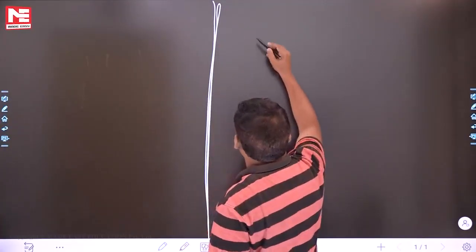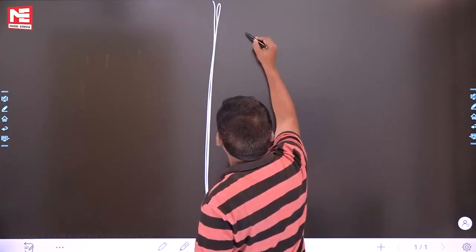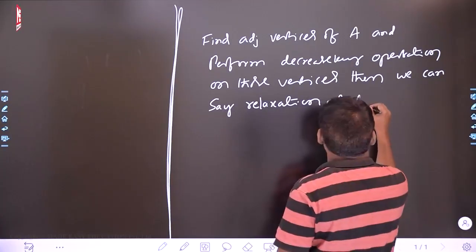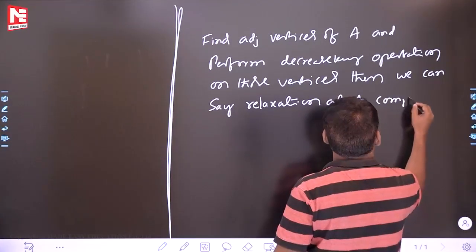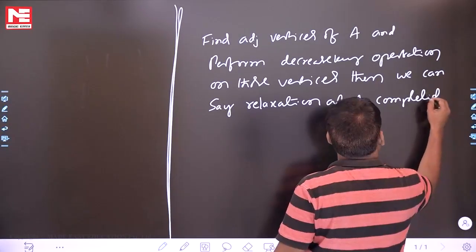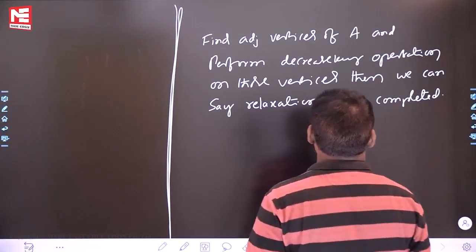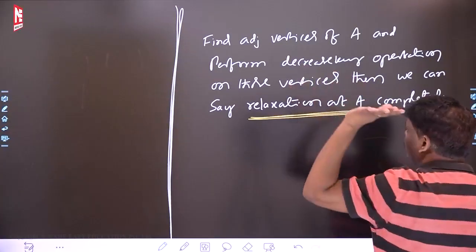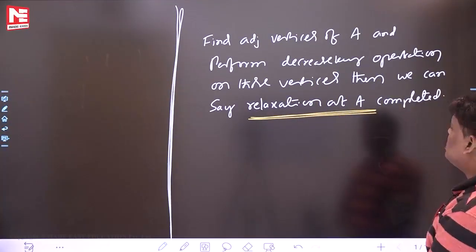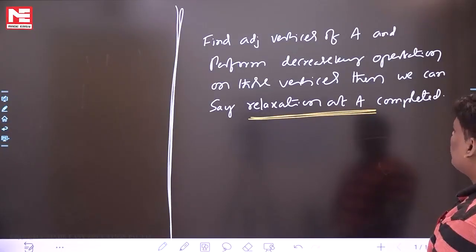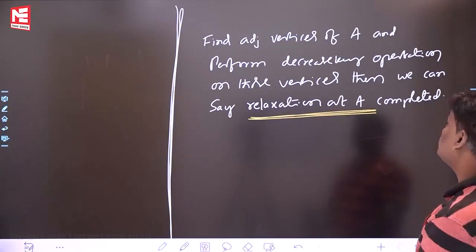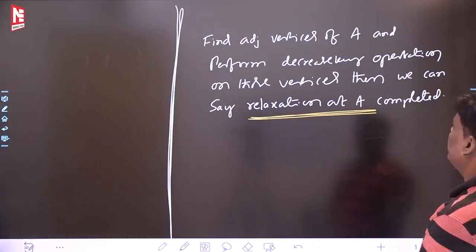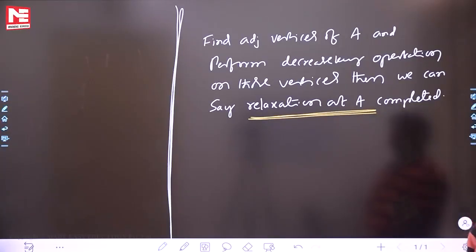See the answer. Find at A completed. Then we can say relaxation at A completed. Let me read it. Find adjacent vertices of A and perform decrease key operation on those vertices. Then we can say relaxation at A is completed. Please be careful, this is the definition.